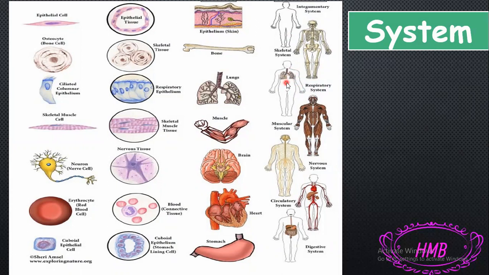The respiratory system is made up of many different organs. So how do we put these organs together and why do we put them together? Because some organs in my body work in a common job, they have common functions, and they complete each other. For example, through my nose, I take in air, or I take in oxygen from the air.